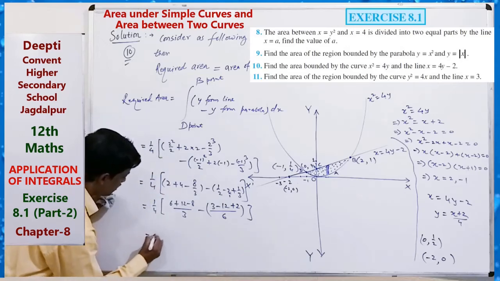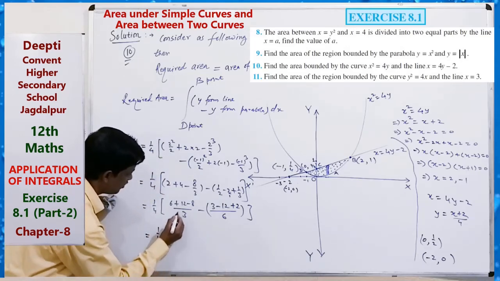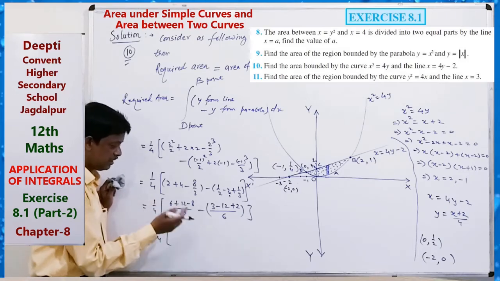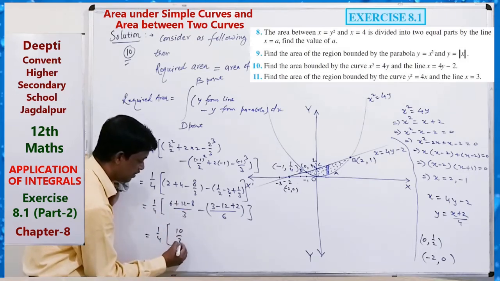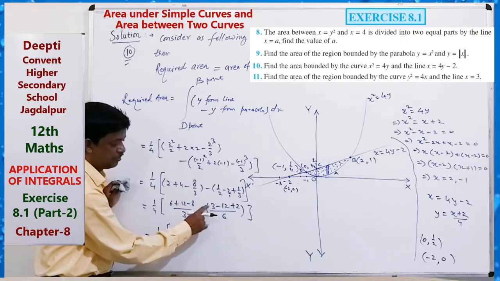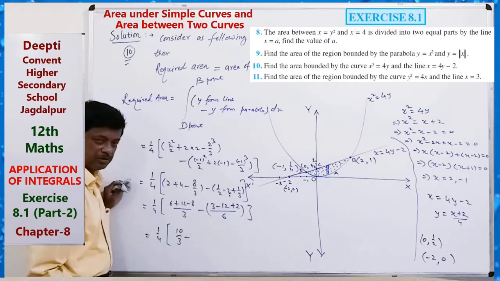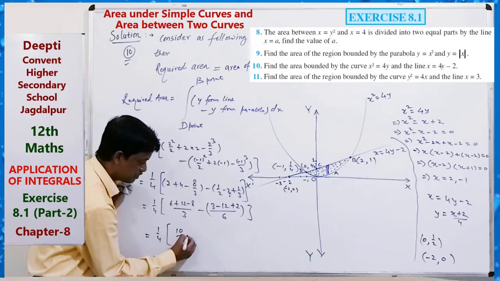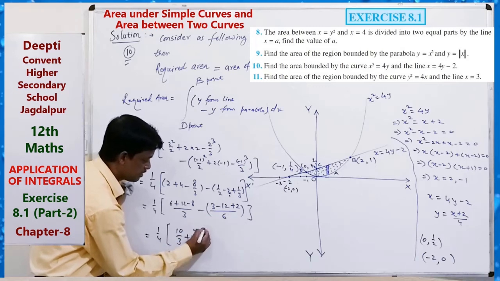Now solve. The answer will be 1 by 4 times: 6 plus 12 is 18, 18 minus 8 is 10, 10 by 3, minus (3 minus 12 plus 2) by 6, which is minus minus 7 by 6, so plus 7 by 6.